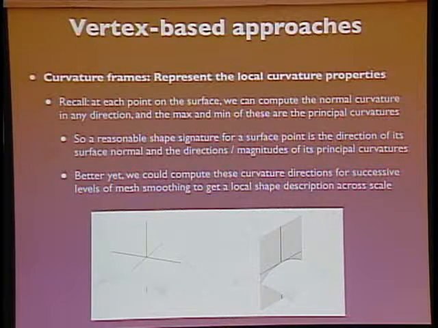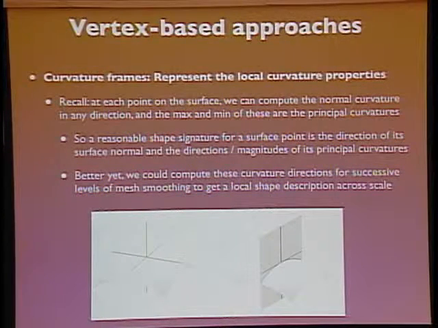The reason it's called a frame is that, as you know, a coordinate frame basically is a set of 3 directions in 3 space. So our common one is the cardinal coordinate frame of x, y, and z axes all being orthogonal to each other.